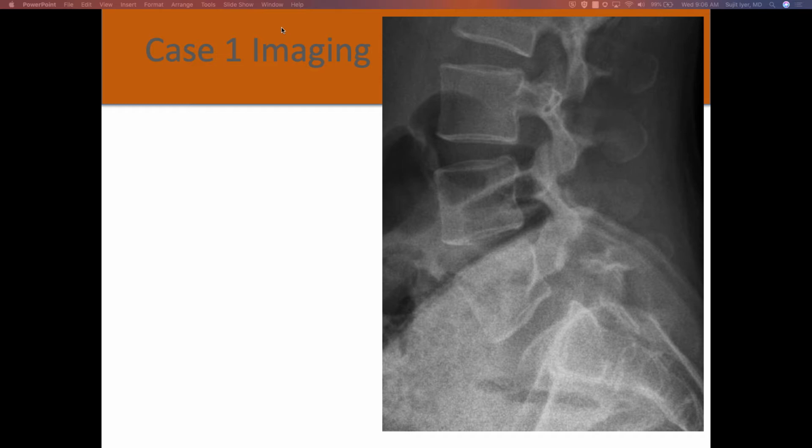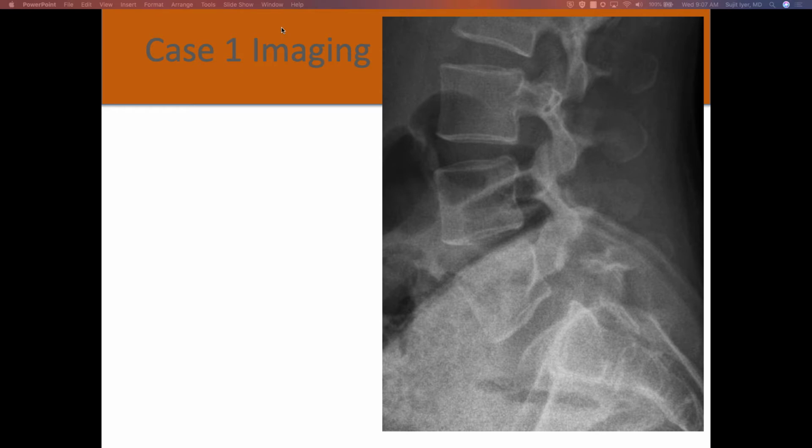Yeah, I think you can appreciate there's some absent bone in this region, the posterior elements. And also, if you follow the posterior body of L5, it looks like it's slightly anteriorly displaced compared to the posterior body of S1, so it looks like there's a little slippage there.